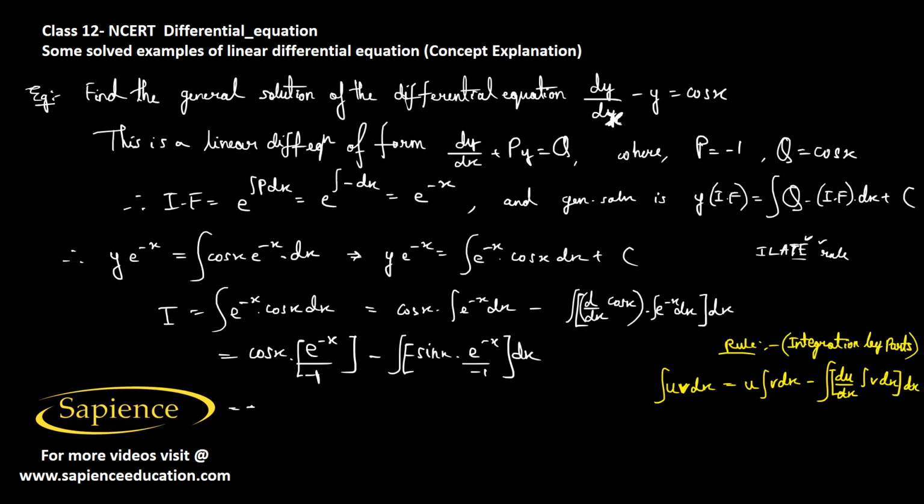So this would be equal to minus cos x into e power minus x, then minus integral sin x into e power minus x dx.